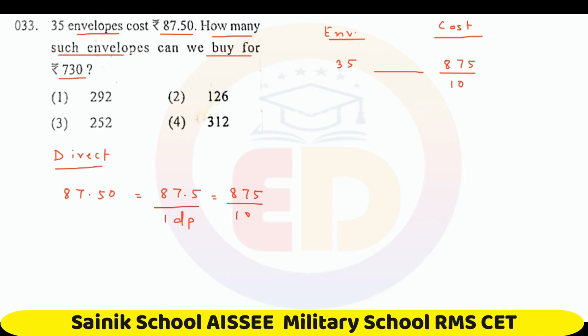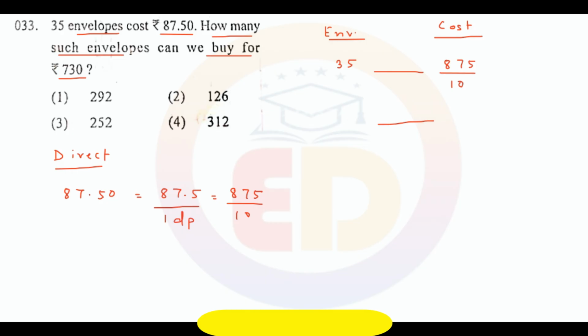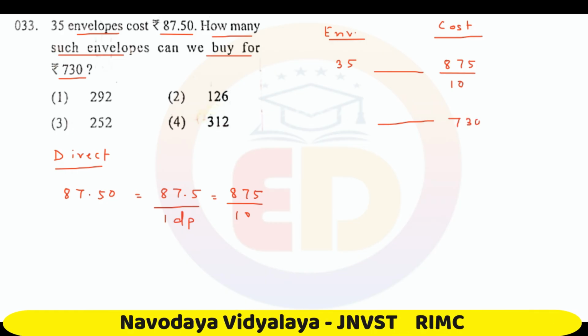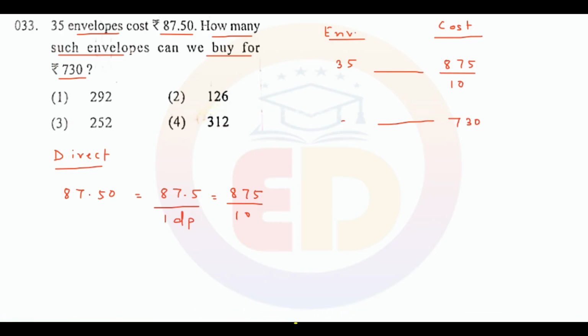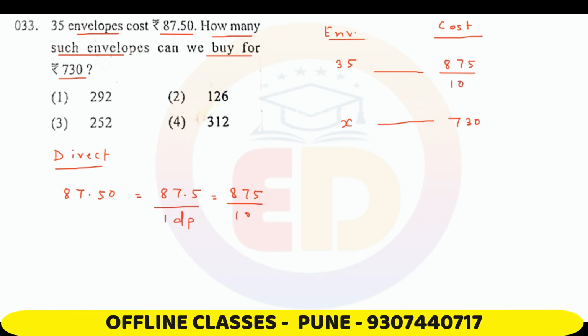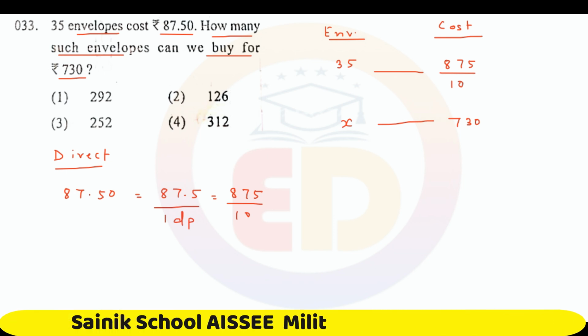And now they are asking, if you have a total of 730 rupees, then how many envelopes we can get? Let us assume we can get X envelopes. To solve the question of direct variation, we will cross multiply.